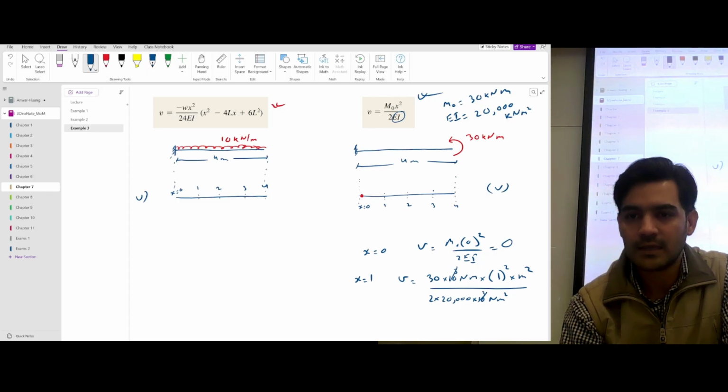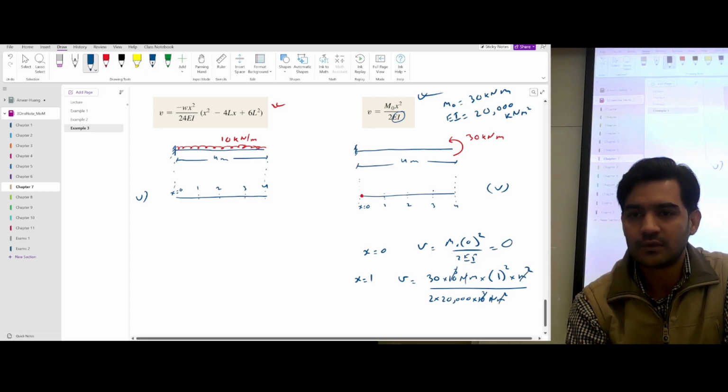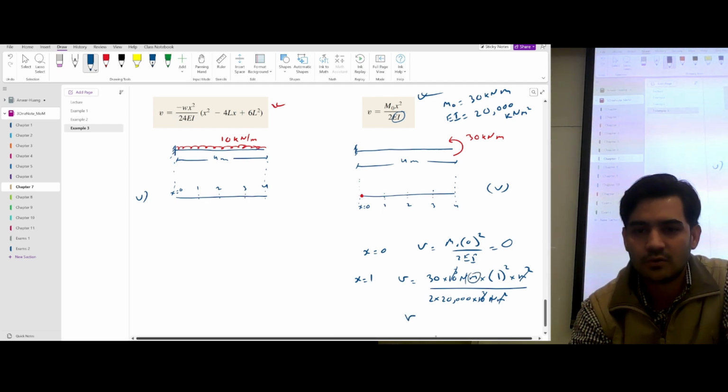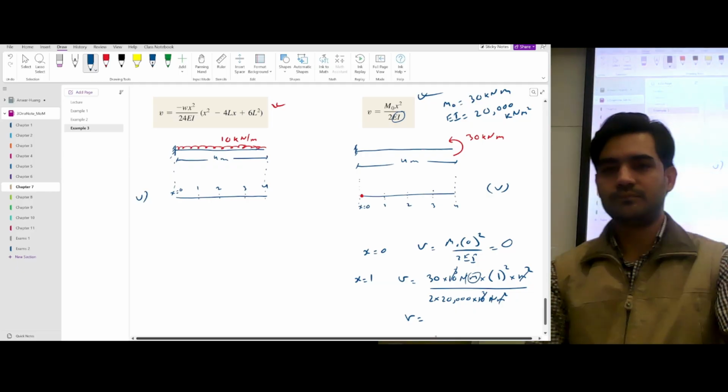The Newton is going to cancel out, the meter square is going to cancel out, so you only have a meter left.